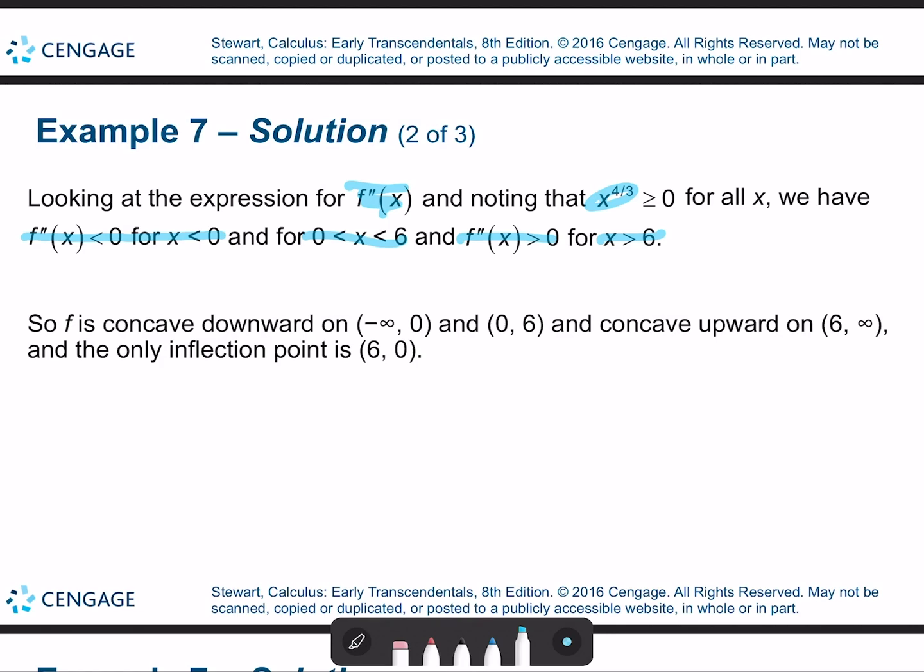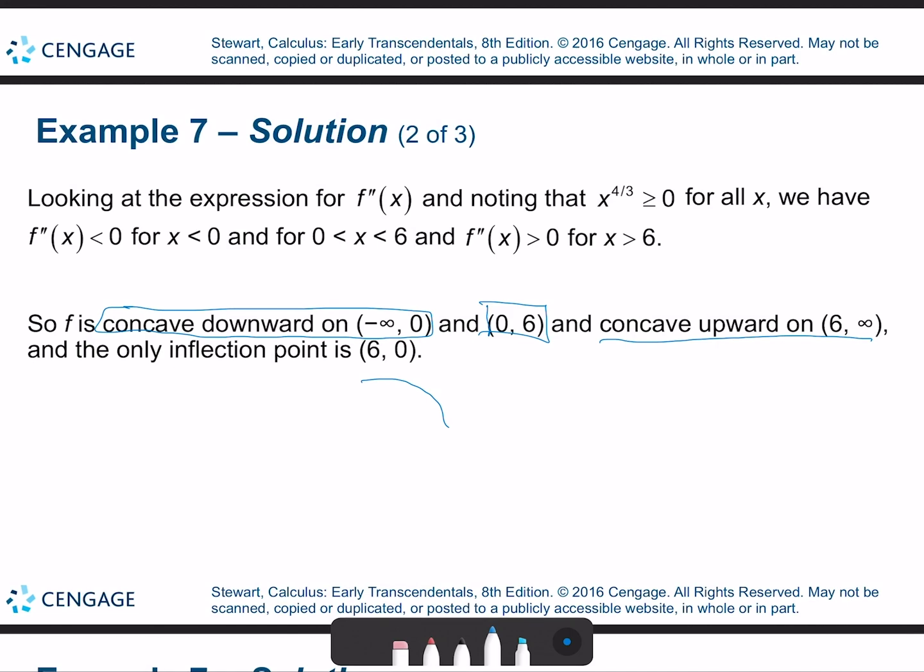So from looking at the second derivative, we can tell that our curve is going to be concave downward to the left of 0 and from 0 to 6. Concave down, and concave down, and concave upward to the right of 6.